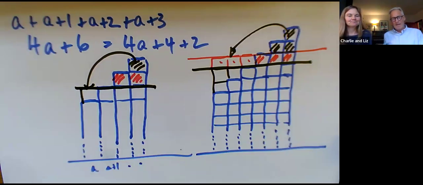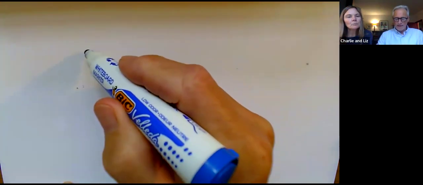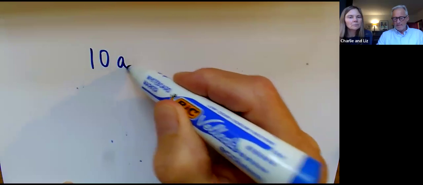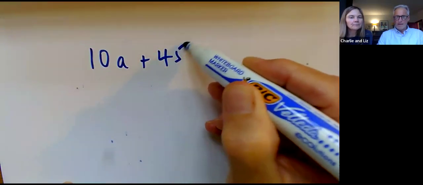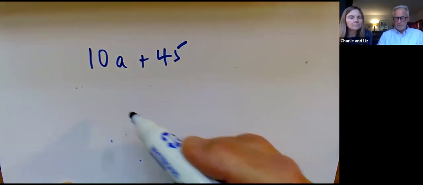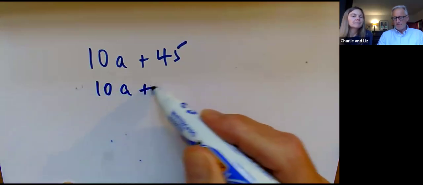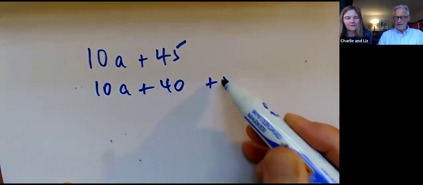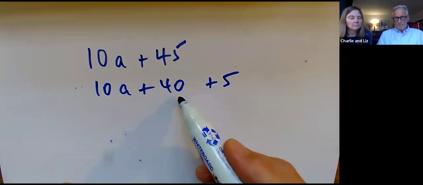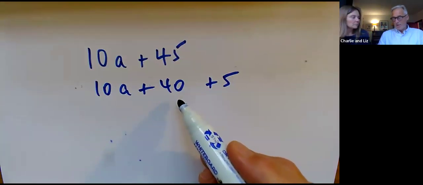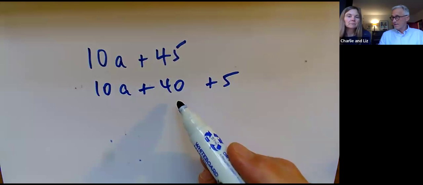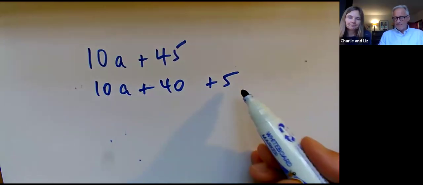Great. So a lot of you are saying yes. I think you've ended up with 10A plus 45. Some people have been interpreting this as 10A plus 40 plus 5: a multiple of 10 plus another multiple of 10 means you get another multiple of 10, and then 5 more.